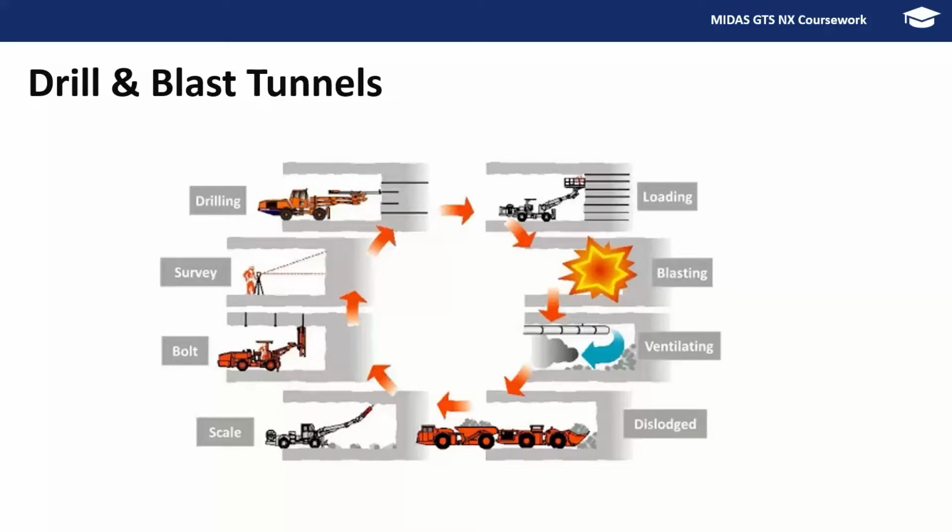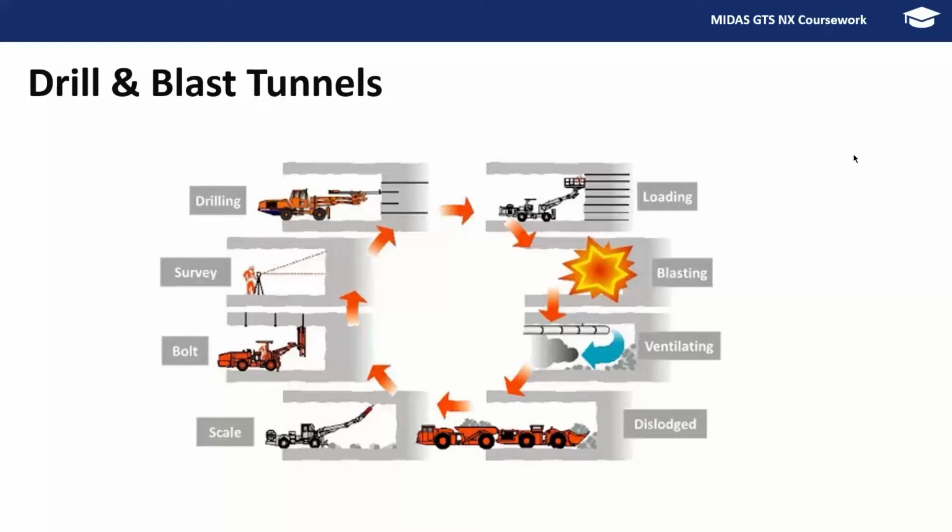Only then the workers can go in. Then LHDs or LPDTs do the job of mucking. Then scaling is required so that whatever loose overhanging rocks are there on the walls or on the roof will be dislodged, and we are left with a profile that is ready for bolting and shotcreting. Then the bolting is done. Then again surveying is done, and after the surveying is done, again the drilling starts, and this is a chain process.